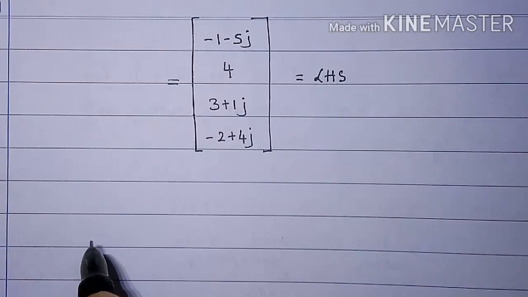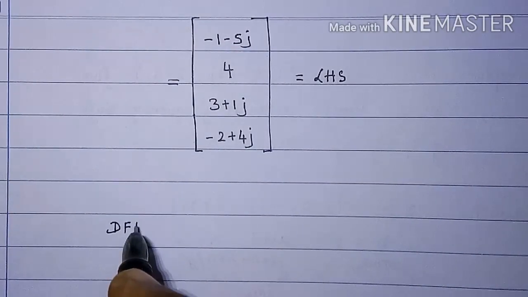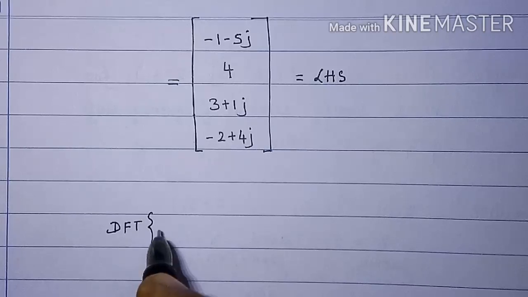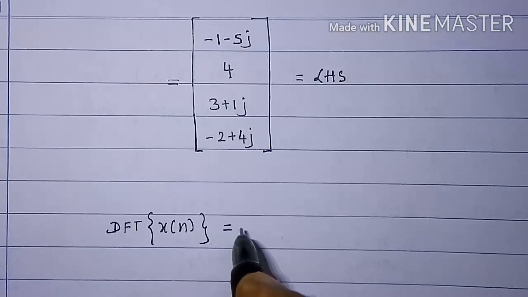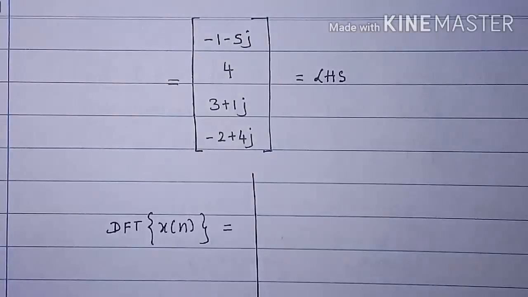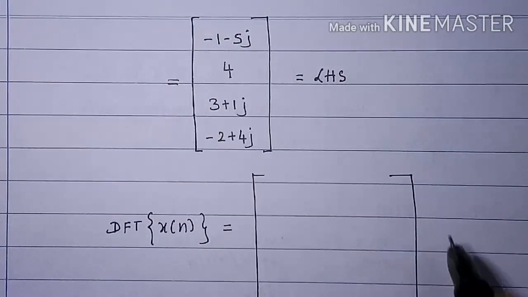Now we will compute DFT of x of n. We will make use of matrix method only because it is a fast method.